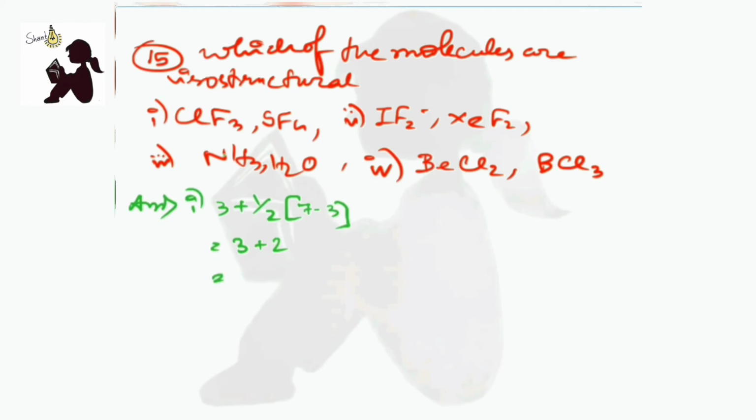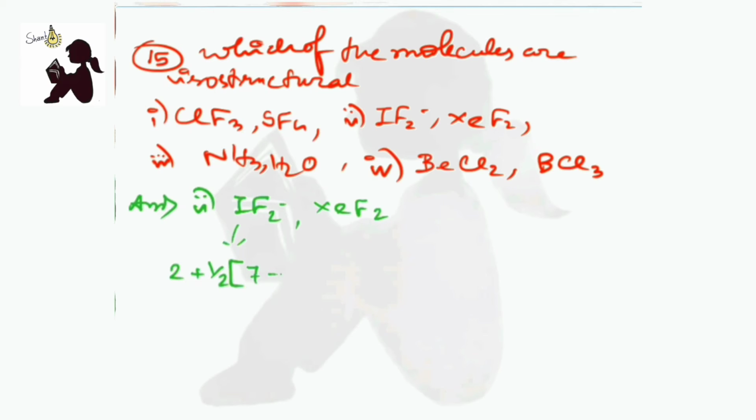Now let's see option 2, that is IF2 minus and XeF2. For IF2 minus, what we can write here is 2 plus half into, I has 7 electrons we know, then minus 2 plus 1, because it has a minus charge here. You just have to know the steric number formula. I'm not going to explain it here because I already did in the chemical bonding video.